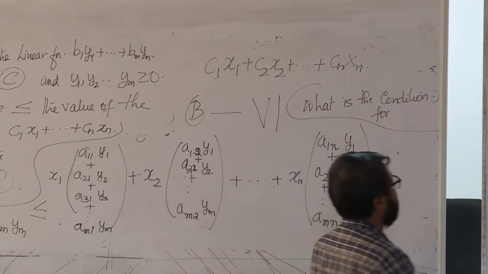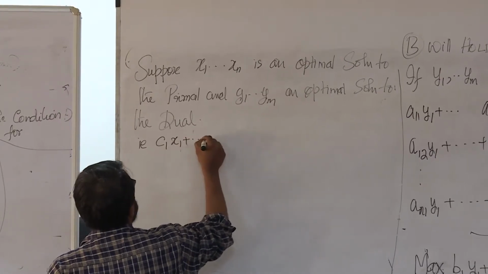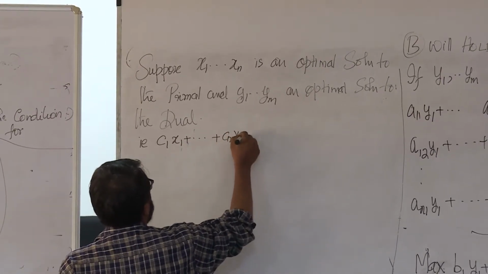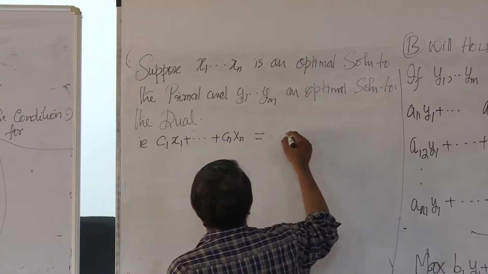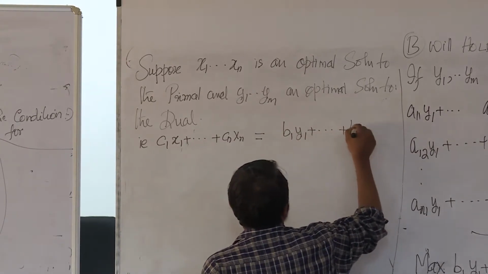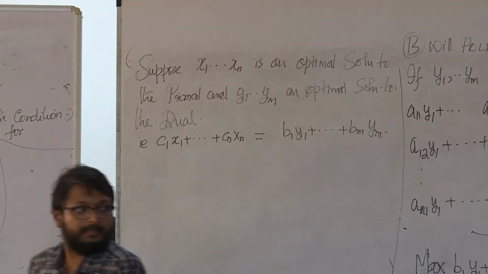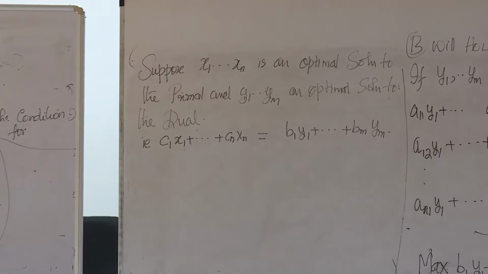That is, C1 x1 plus Cn xn is equal to B1 y1 plus Bm ym. Now, if that is the case, what can I say about these equations?